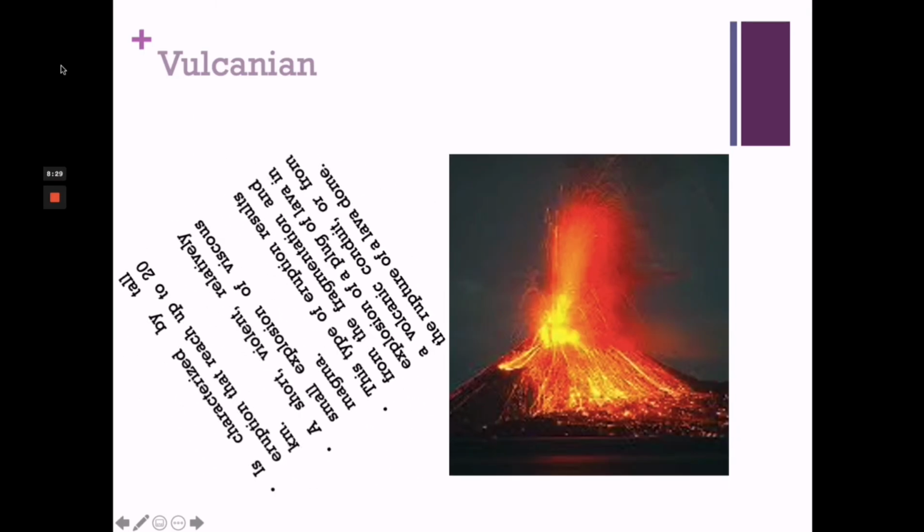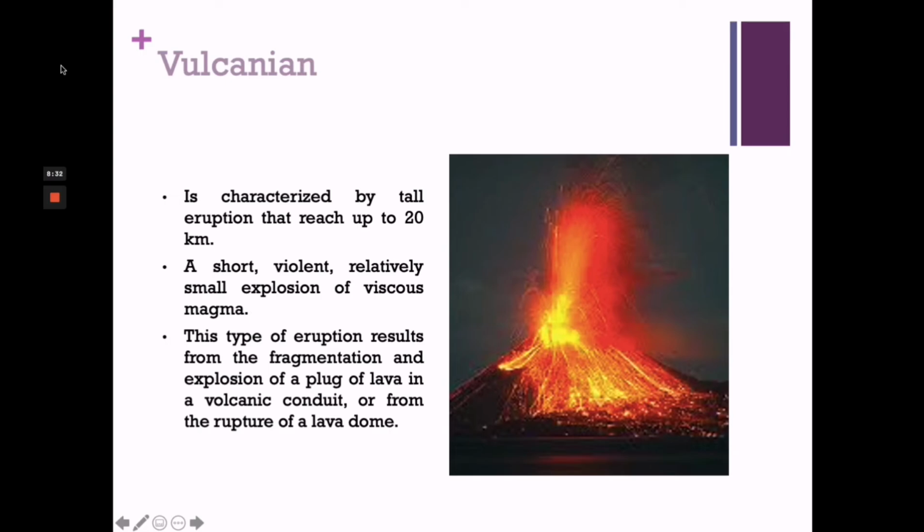Vulcanian is characterized by tall eruptions that reach up to 20 kilometers. A short, violent, relatively small explosion of viscous magma.